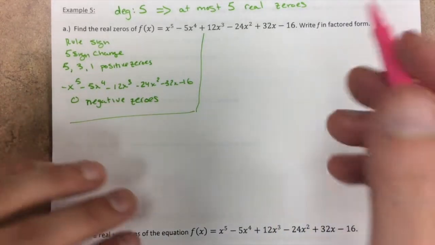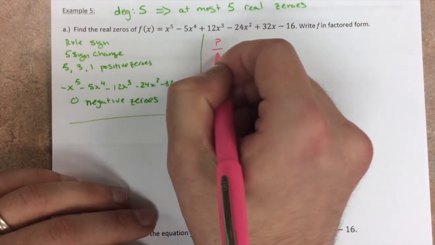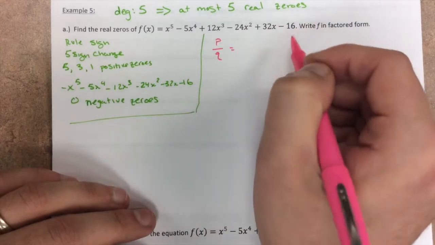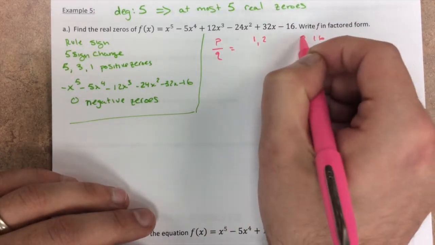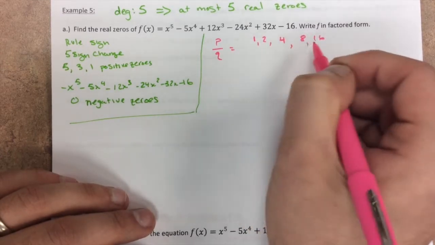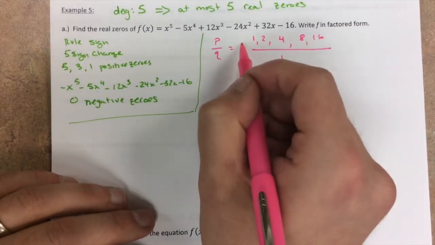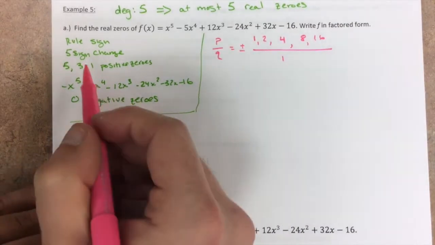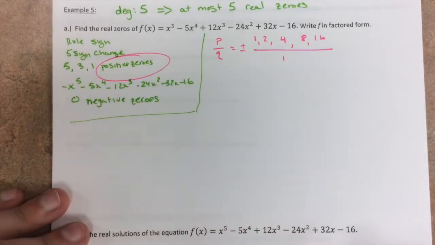So then next up, what are my p's and q's? So my p over q is factors of 16. So 1, 16, 2, 8, 4 and 4. That's it. All over 1. And I should write plus or minus, but I know that I have 0 negatives, so all I need are positive zeros.